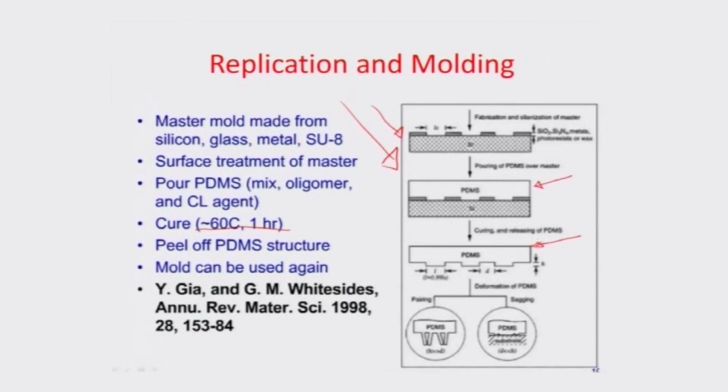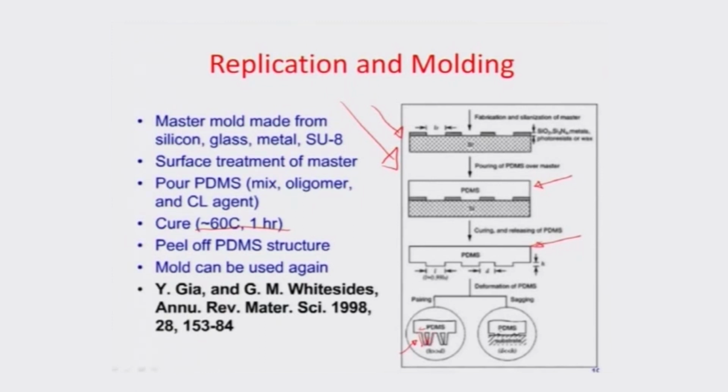You have to be a little careful because PDMS is a soft material. So, there are issues of aspect ratios, where length and width can be very critical. If it is a high aspect ratio, there may be a tendency of these features to stick to each other as you remove them from the mold.